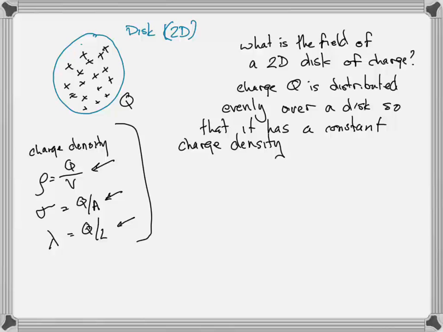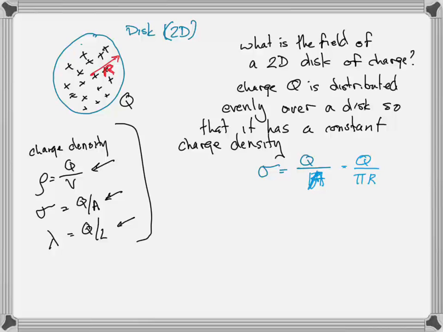Okay, so we're at a disk. It's got a constant charge density, sigma, and we say sigma is charge per unit area. Oh, I forgot to give you the dimensions of the disk. Let's say the disk has a fixed radius of capital R. So the charge density is not Q over R, but Q over the area of the disk, Q over A, which is Q over, what's the area of a disk?